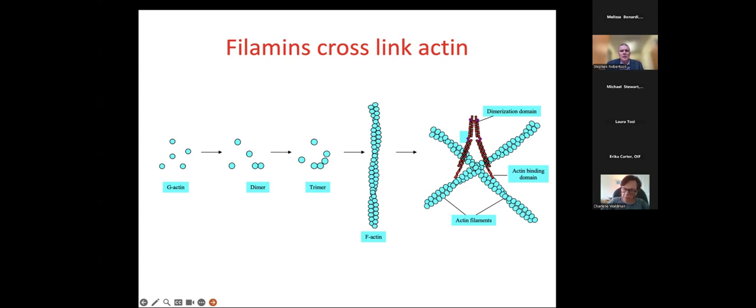You'll see these blue actin monomers nucleate into dimers, trimers, and then F-actin filaments. And then orthogonal networks of actin are cross-linked and strengthened by filamins, most typically in the subcortical cell membrane area, but certainly throughout the cell as well. So that's filamin at its most fundamental and stripped down biochemical state.